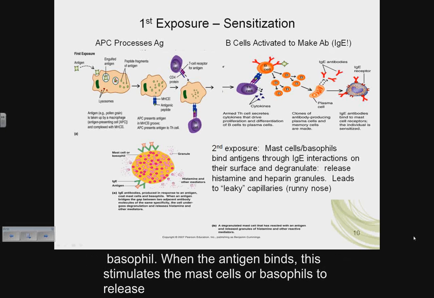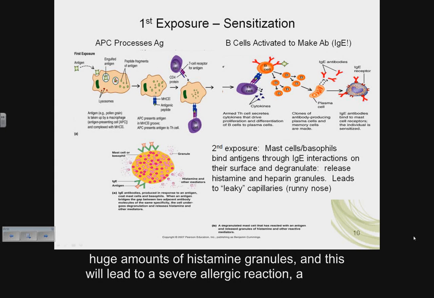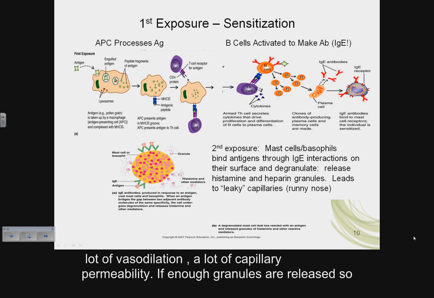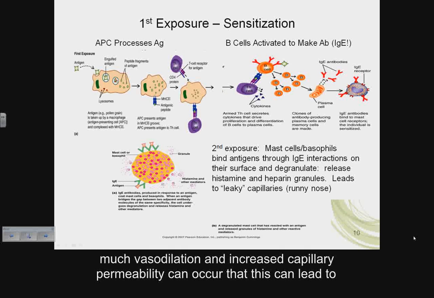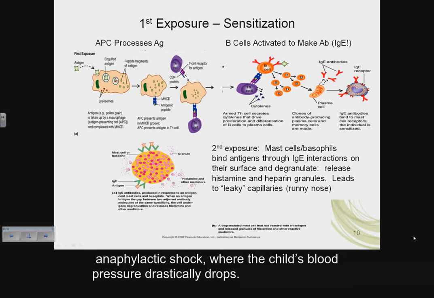When the antigen binds, this stimulates the mast cells or basophils to release huge amounts of histamine granules, and this will lead to a severe allergic reaction, a lot of vasodilation, a lot of capillary permeability, and if enough granules are released, so much vasodilation and increased capillary permeability can occur that this can lead to anaphylactic shock, where the child's blood pressure drastically drops.